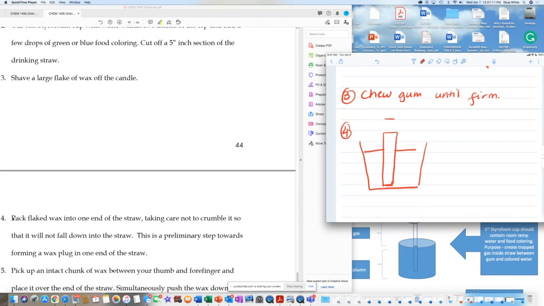When you do this, you will have some of the liquid inside the straw, to about a similar level to the outside. Then at this point, you take your chewed gum and put it on top like that.